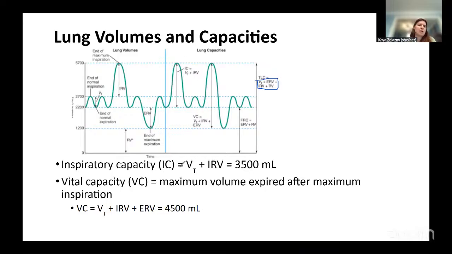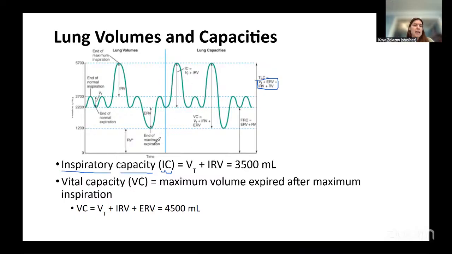So if we think about our inspiratory capacity, which we'll abbreviate IC, what we're interested in here is just how much can you breathe in. So if you breathe out and then breathe in all the way, how much air was that?